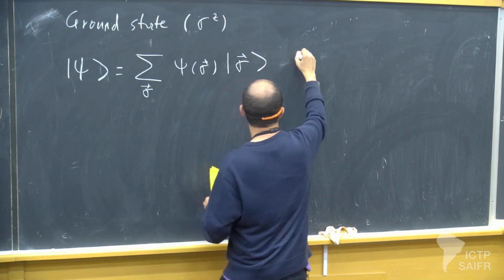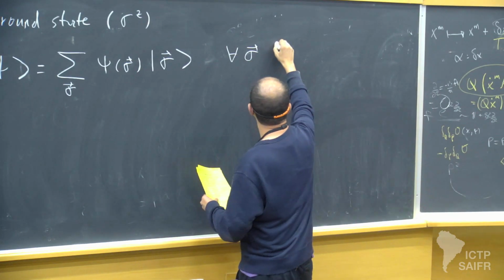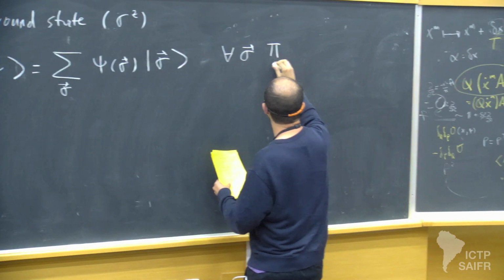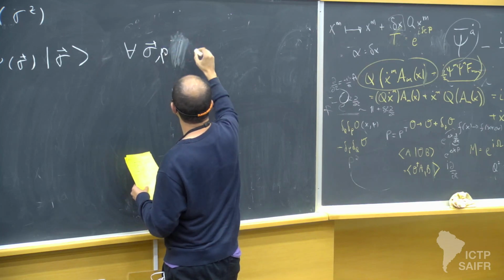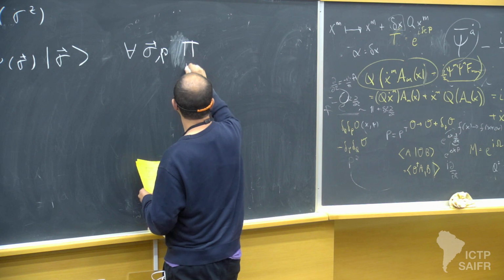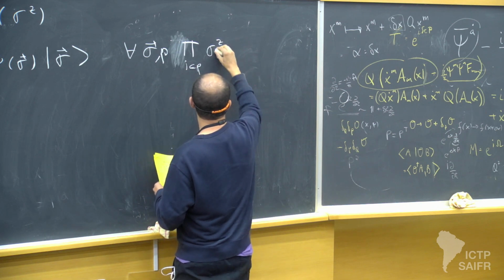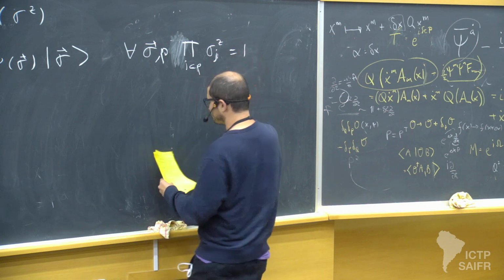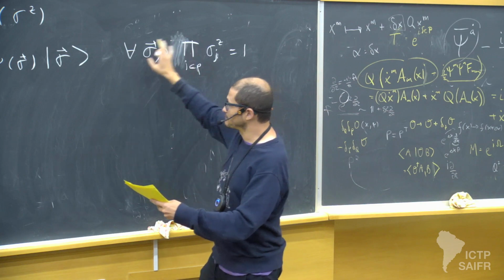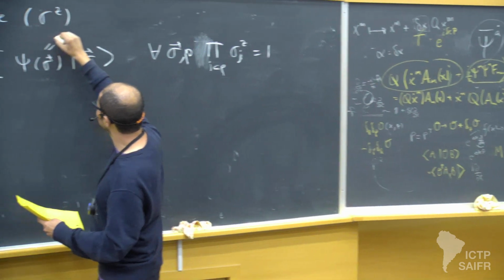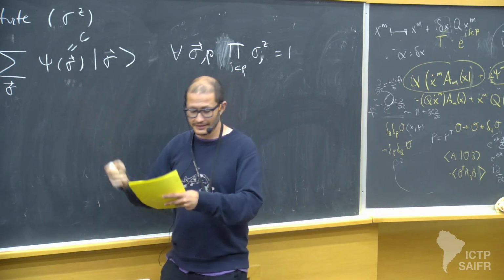Sigma, such that for all plaquettes, the product over j in the plaquette of sigma_j is 1, okay? So it's an equal superposition. We will require that this is a constant, and I'll tell you why in a minute.